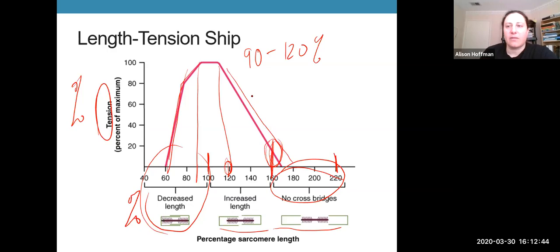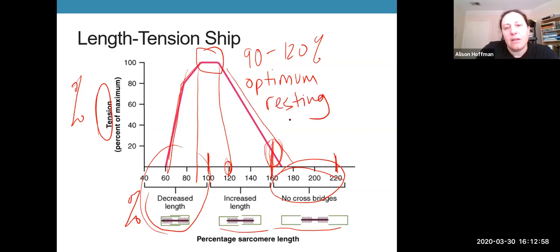So you're definitely better off a little bit more stretched out than you are too much overlap. Okay, so this is the optimum resting length. And what you want to remember here is that it's in the middle. Okay, very much a Goldilocks principle. We don't want to be too short. We don't want to be too stretched out. We want to be just in the middle, just right, in order to generate maximum tension.